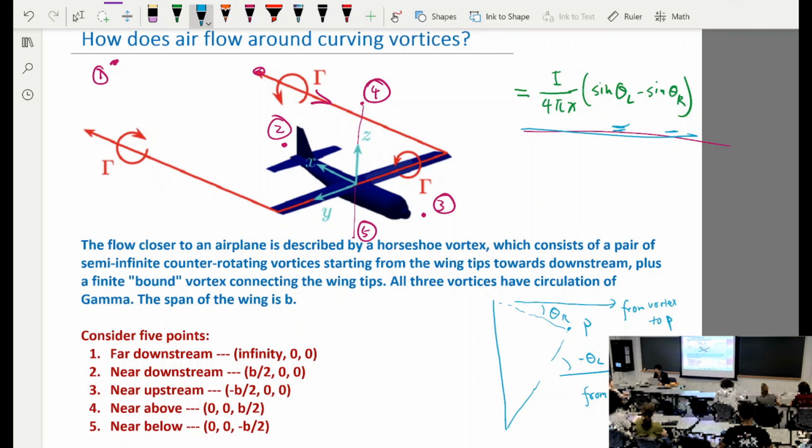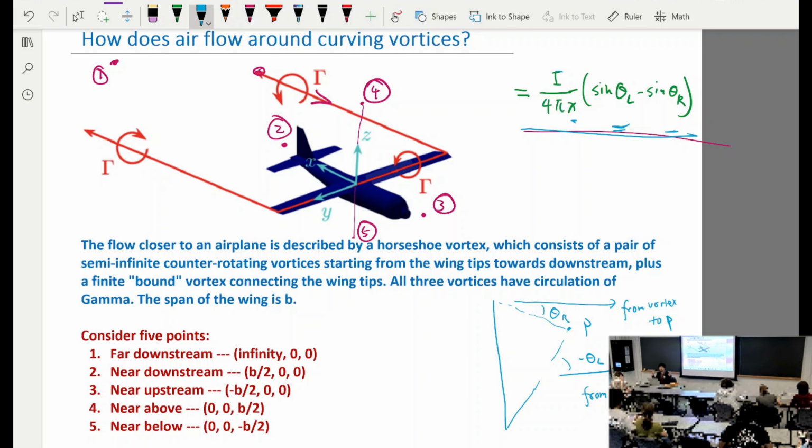In this formula, just a reminder, gamma is the circulation of that vortex, over 4 pi x, and x is the distance between the observation point and the nearest point on the infinite extension of that vortex line.